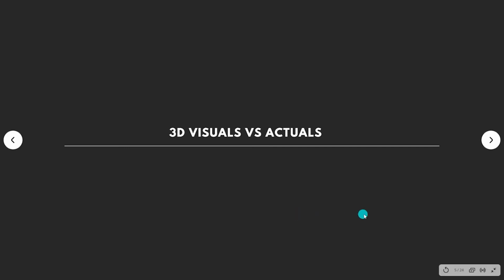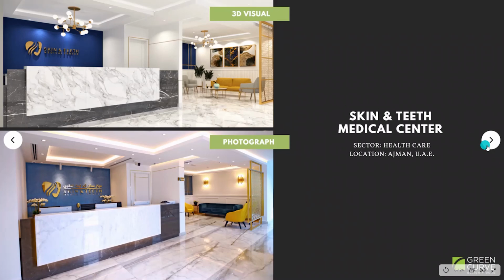I want to show you two examples taken from my office. This was the project called Skin and Teeth Medical Center. This comes under healthcare. It's located in Ajman, UAE. In this, we had done the 3D view. You can see that all of the materials selected by the client were reflected in the 3D model, and then eventually this was developed into this.